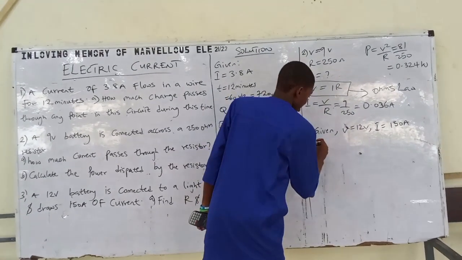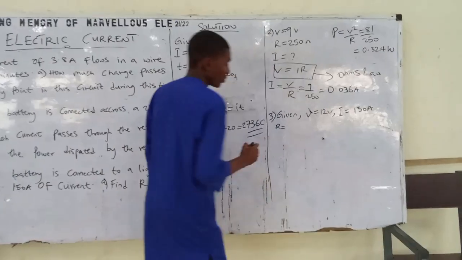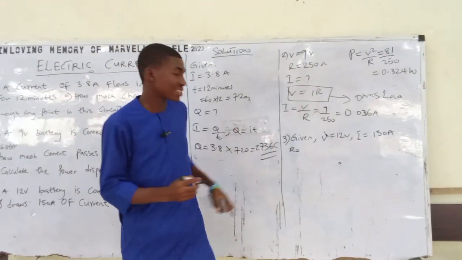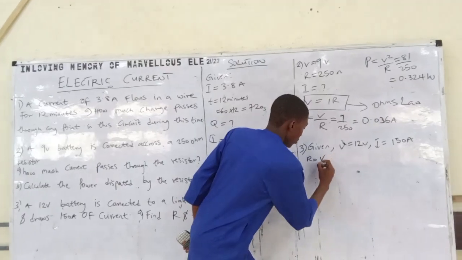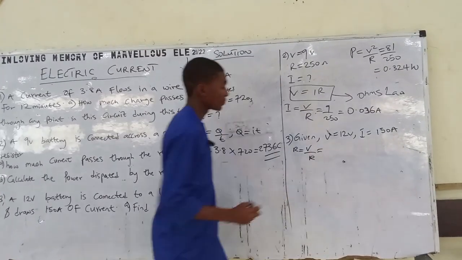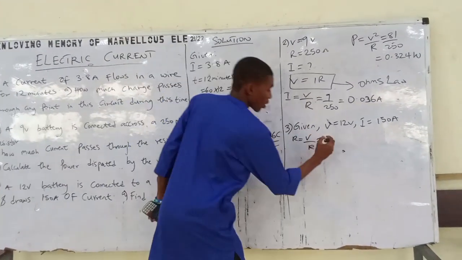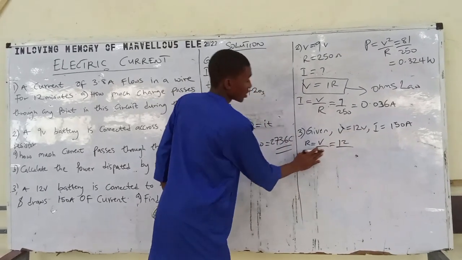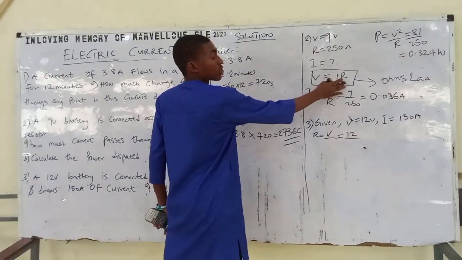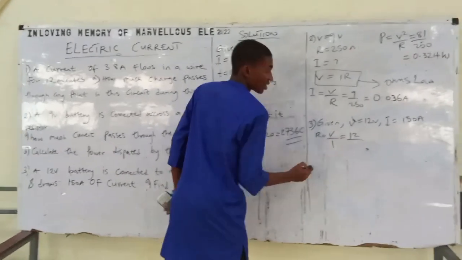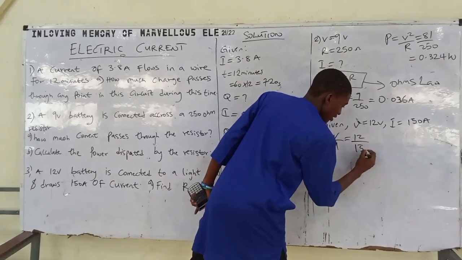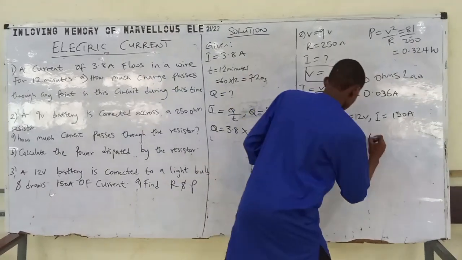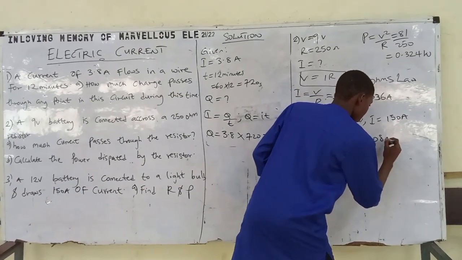To get our resistance R, from Ohm's law, V equals I R. So therefore, we make R the subject of the formula: R equals V over I. V is 12 and I is 150. So 12 over 150 is 0.08 ohm.